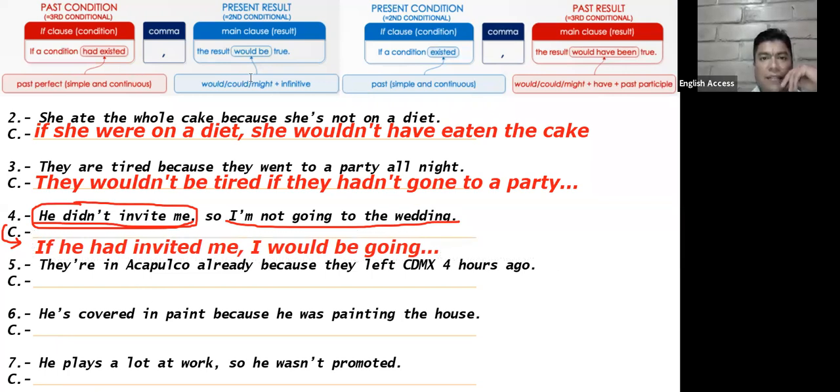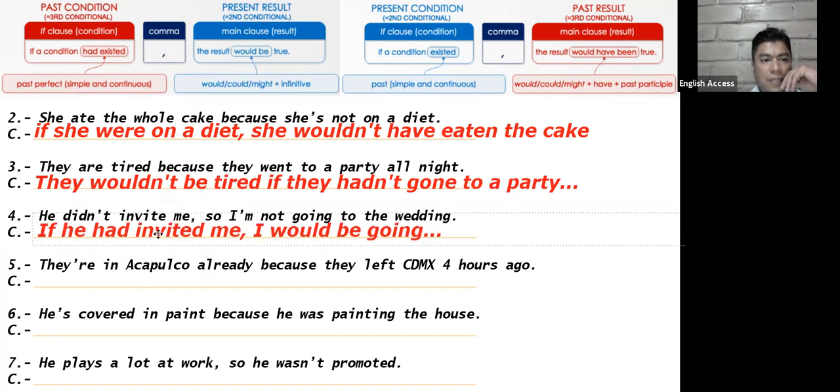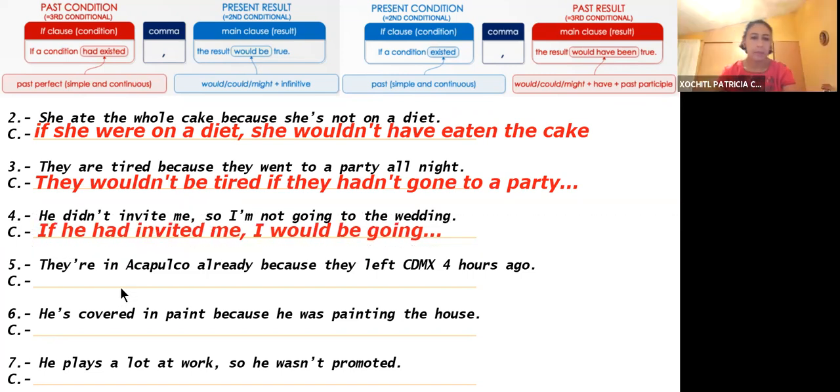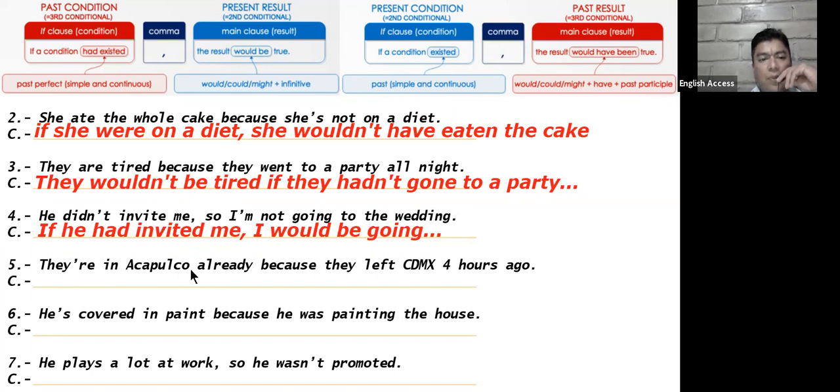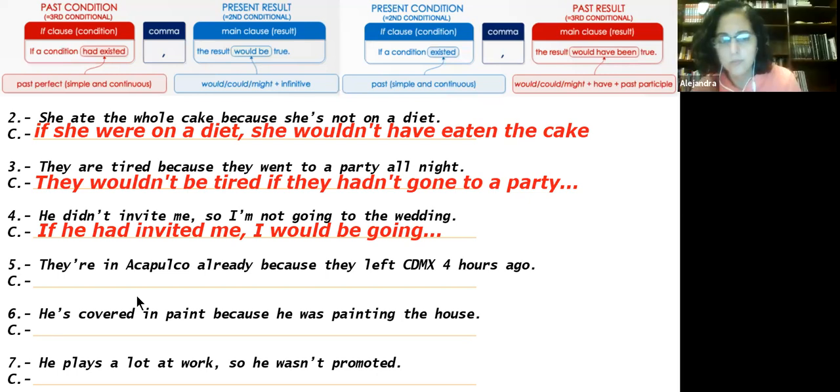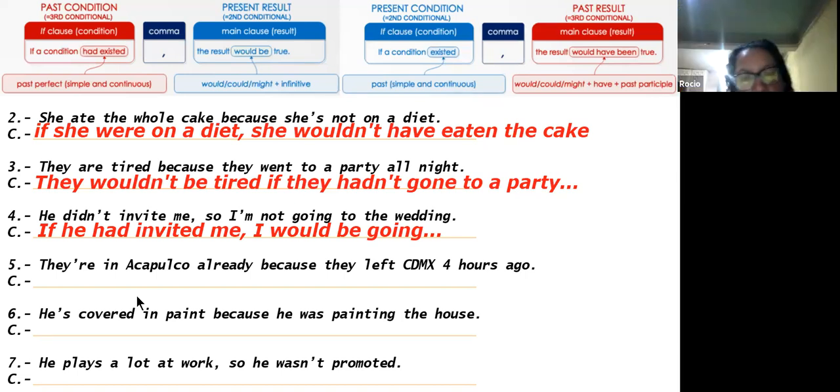There, very good. Next, number 5. They're in Acapulco already because they left CDMX 4 hours ago. So the situation is they left CDMX 4 hours ago.